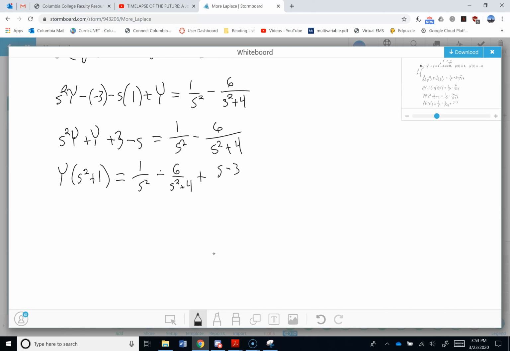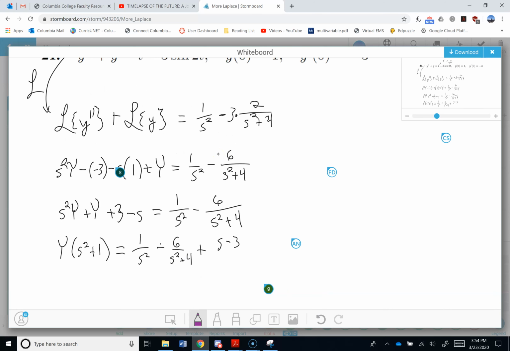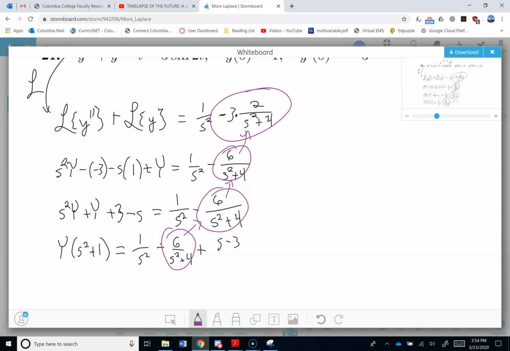Oh, you're right. You did. You already transformed it? Yeah, if you trace that term back, that term came from the 3 times 2 over s squared plus 4. And that was the Laplace transform of minus 3 sine of 2t.